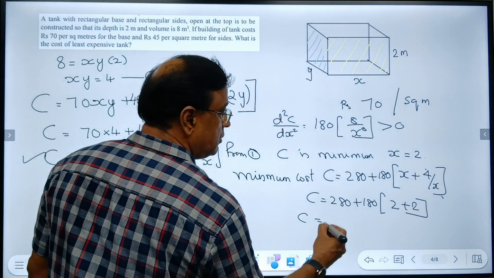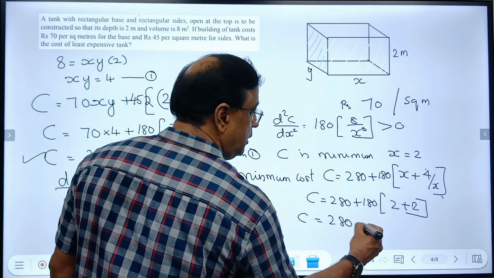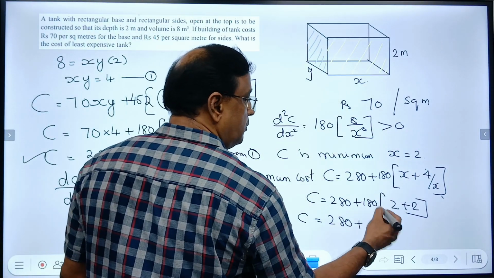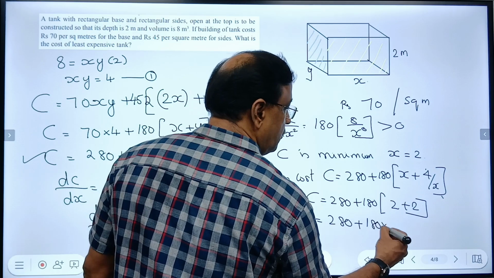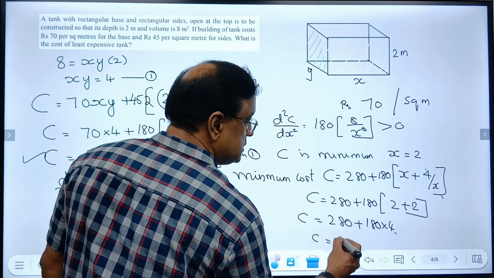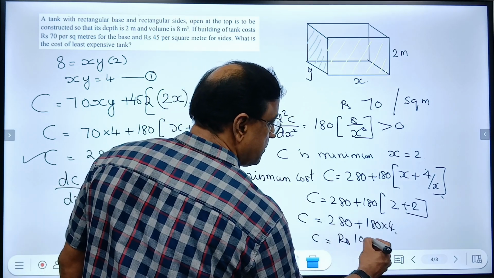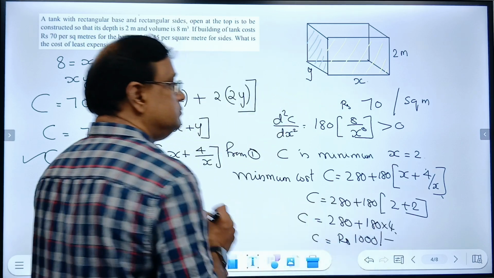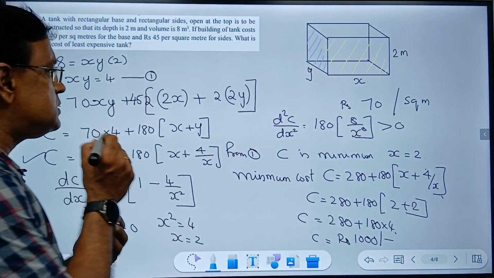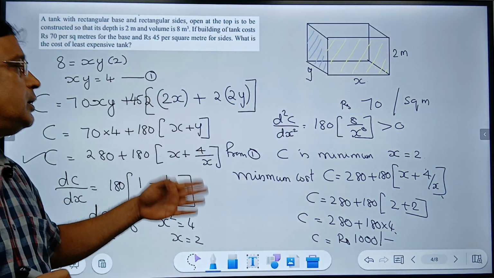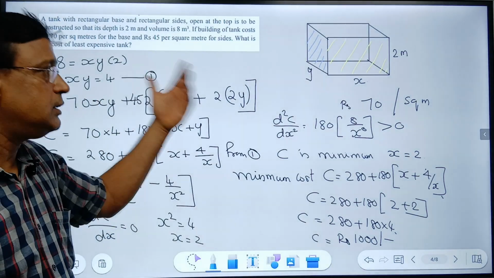So C equal to 280. If you multiply, you get 180 into 4. So obviously C is rupees 1000. Okay, very simple NCERT question, not complicated, but you have to understand the problem and do it.